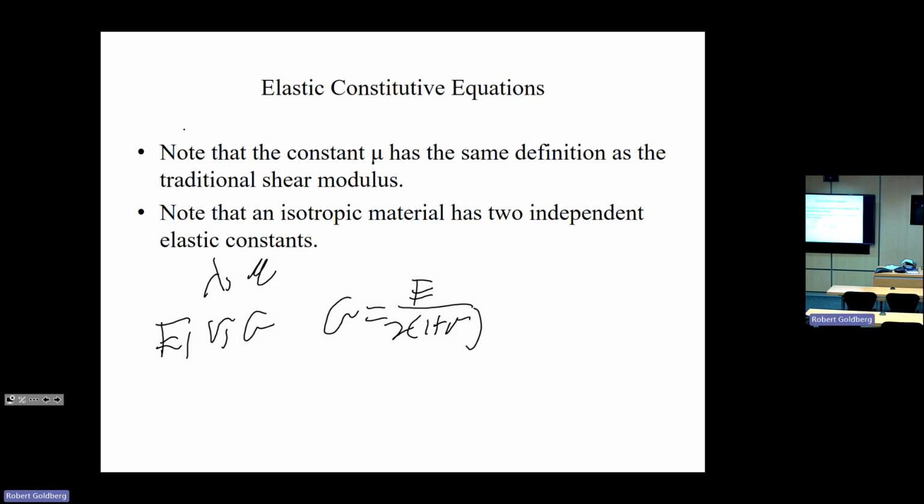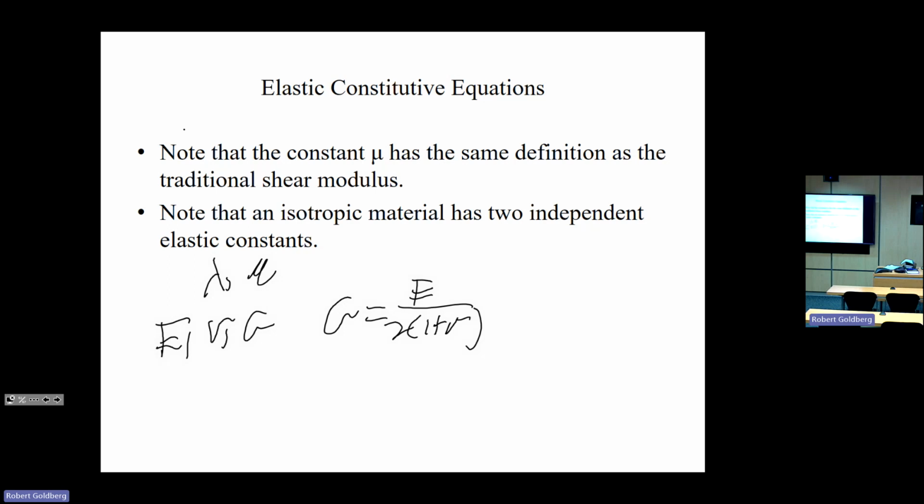And as I said, next week we'll talk about how we relate the engineering constants to these Lamé constants, lambda and mu.